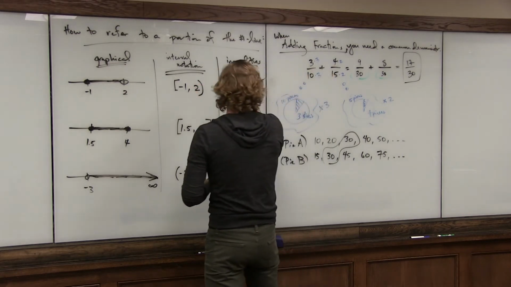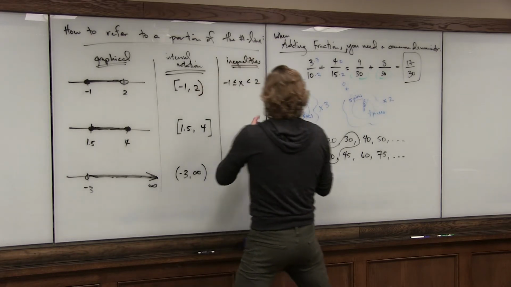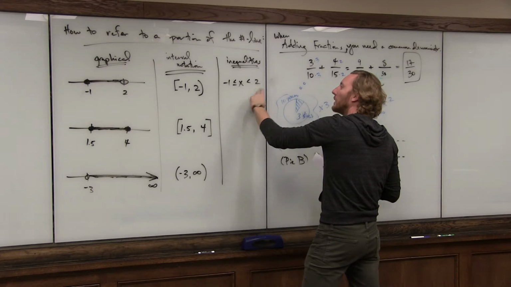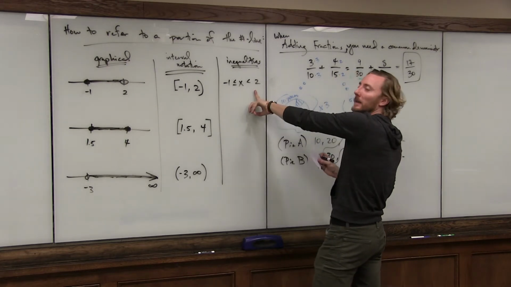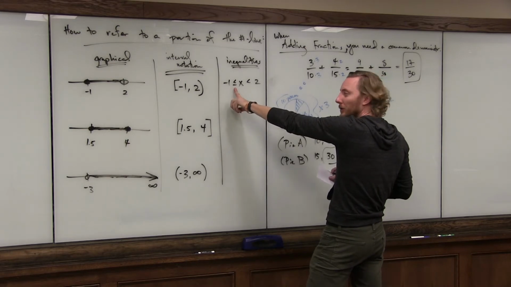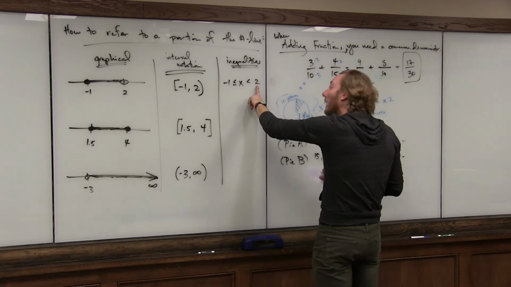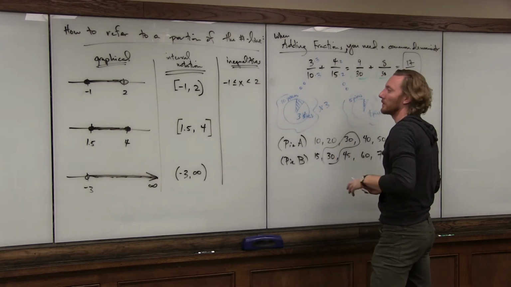To say that mathematically, minus 1 is included, so x is greater than or equal to minus 1, and 2 is not included, so x is going to be less than 2, but not including 2.